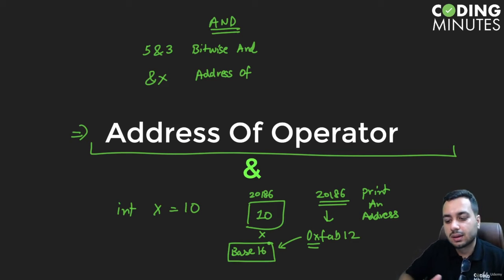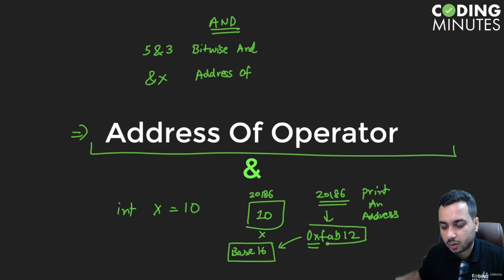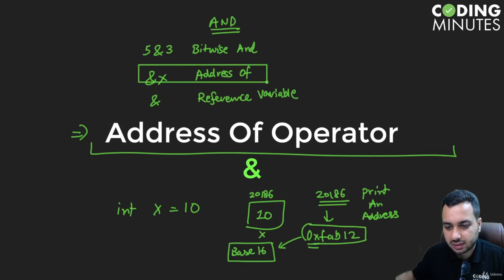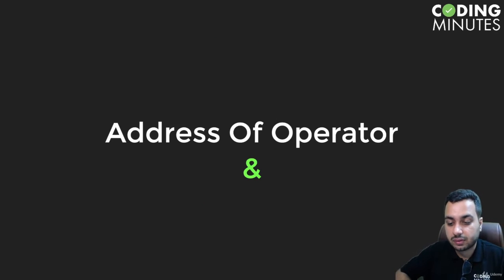This is the default behavior. When you do &x, you will see this kind of an address output on the screen, and I will show you one example as well. The third use case is in creating a reference variable that we will see a little later on. But yes, there also we will see this use of &. Right now we are going to talk about the address of operator.